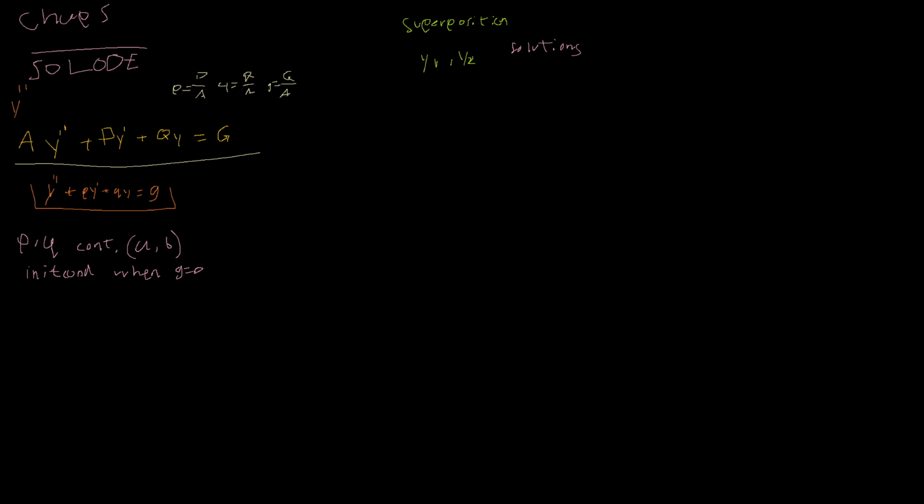Then any solution to our ODE can be expressed as a linear combination of these: y is equal to c1 times y1 plus c2 times y2. This is called superposition. It can be either one or both of these solutions.